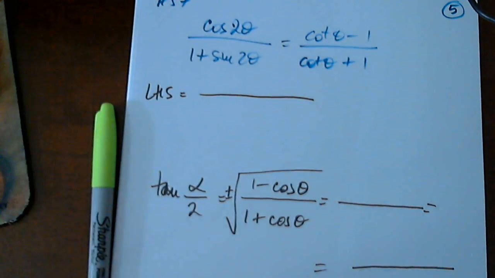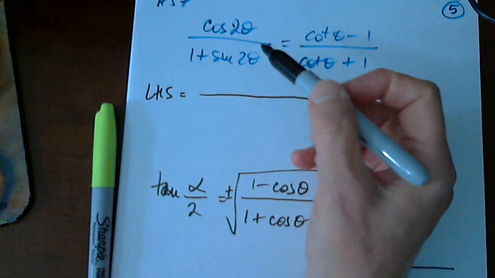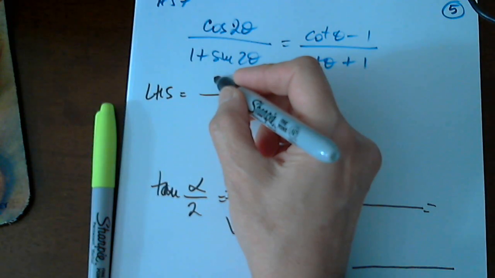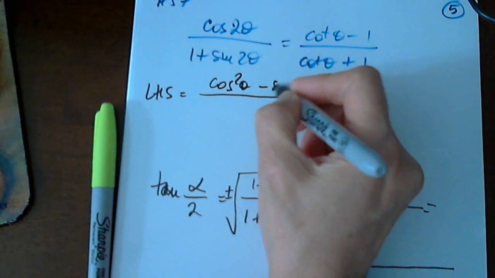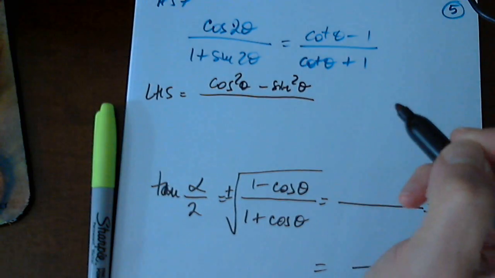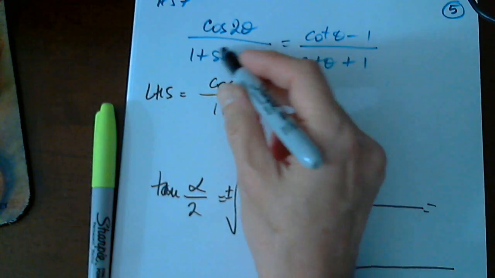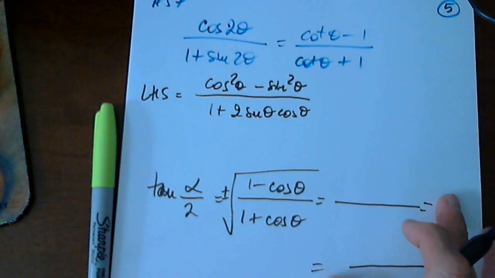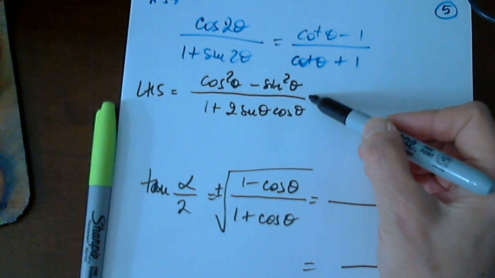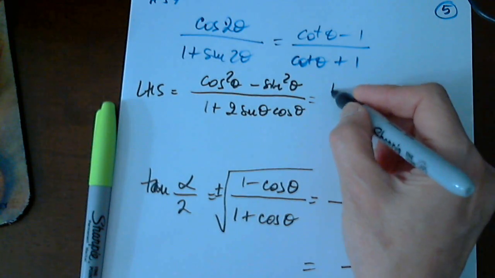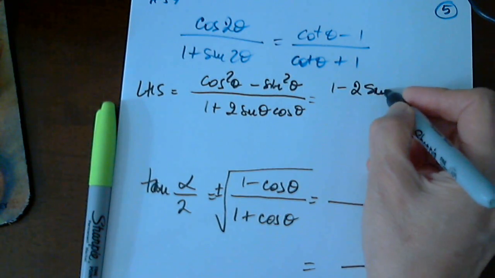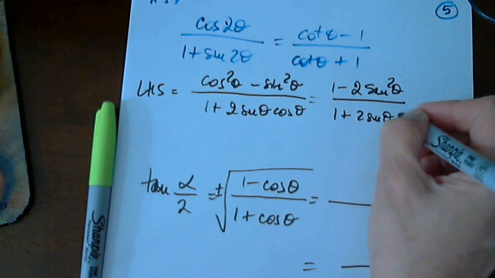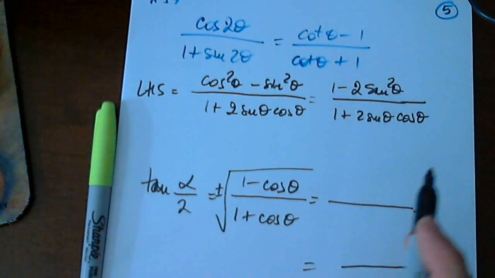Okay, so let me go back to cosine 2 theta. The options are cosine squared theta minus sine squared theta over 1 plus, remember this is 2 sine theta cosine theta. The other option will be 1 minus 2 sine squared theta over 1 plus 2 sine theta cosine theta.